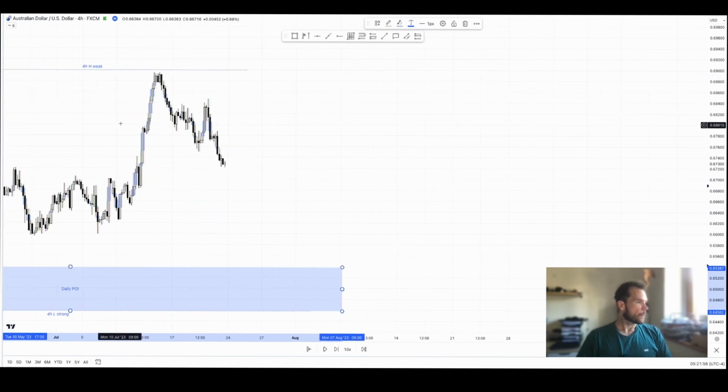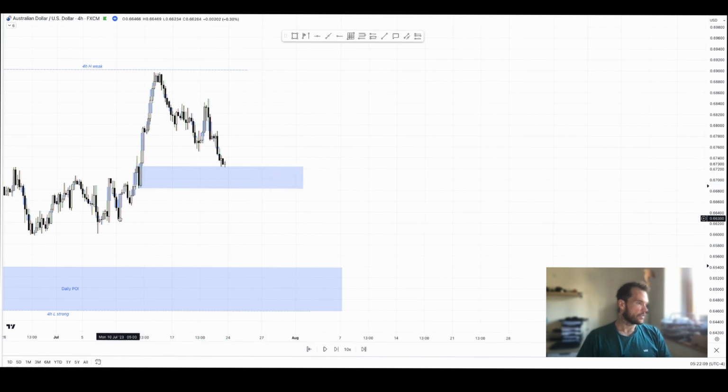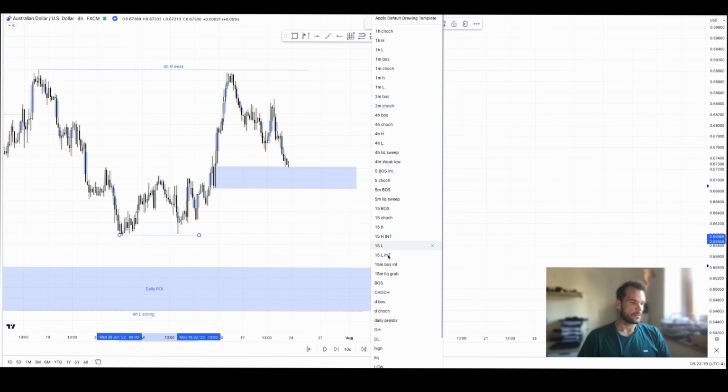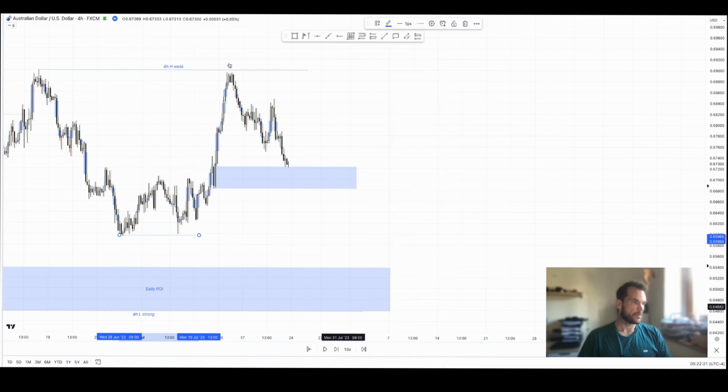Okay, this is our last area that broke structure here, so potentially this is going to be defended. All the rest is sort of old areas of interest. Quite possibly huge liquidity here that we could be coming to take with this failed run of the highs.